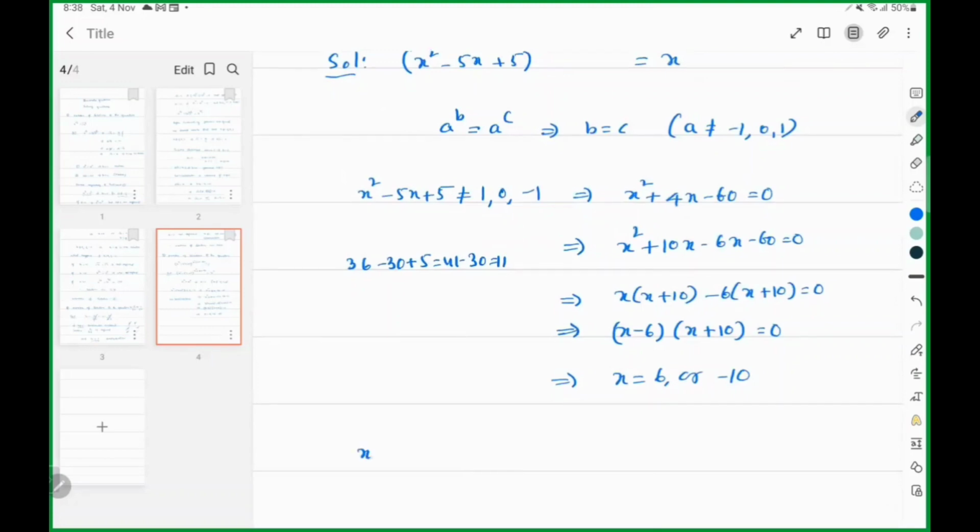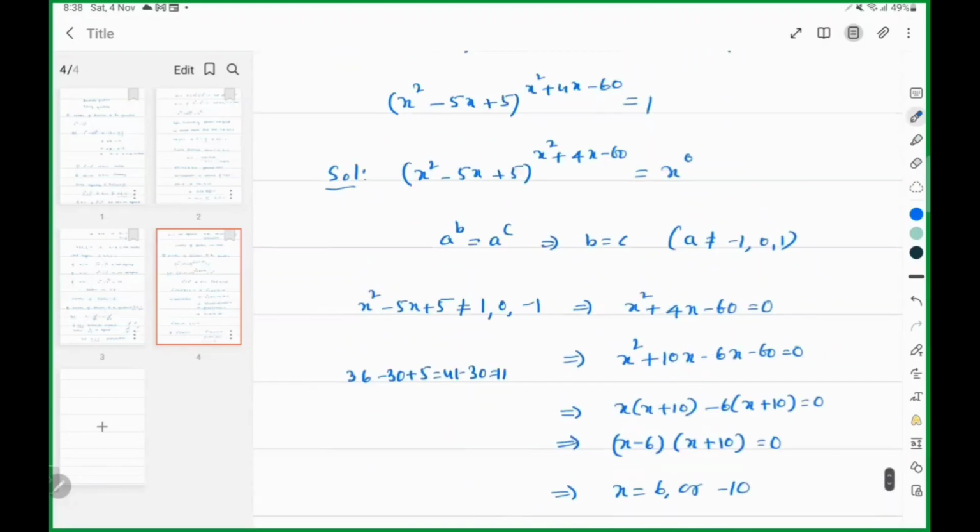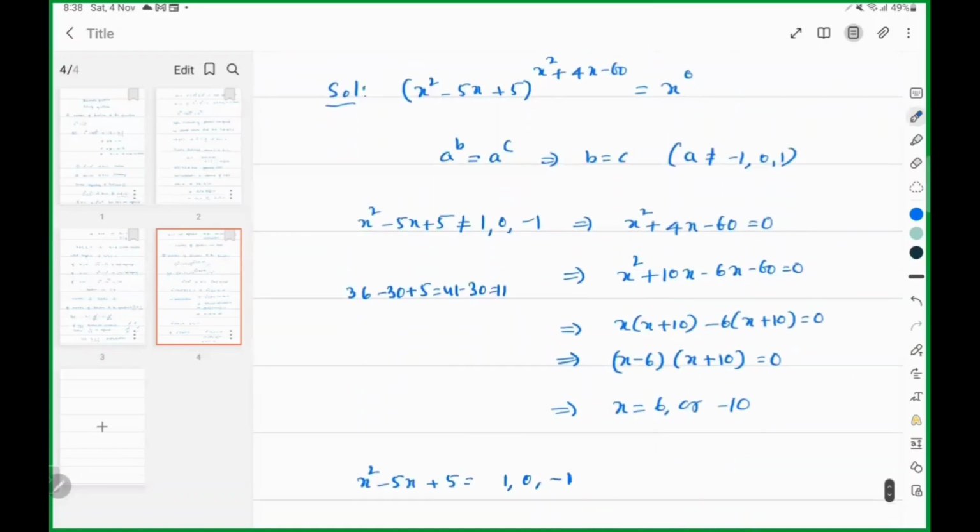The leftover cases: what happens if the base is equal to 0, 1, minus 1? If x square minus 5x plus 5 is 1, that is x minus 1 into x minus 4, you get another two solutions, right?